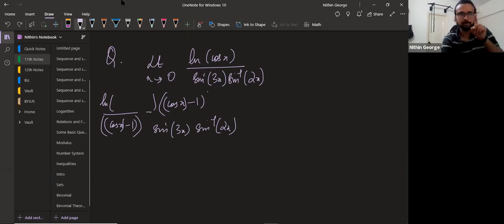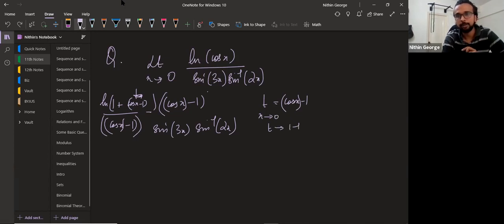Okay. Now, the numerator there was ln cos x. So I write that as ln of 1 plus cos x minus 1. And I see that as x tends to 0, this part also tends to 0. Like if I put t equal to cos x minus 1. As x tends to 0, what happens to t? t tends to 1 minus 1, which is 0, right?